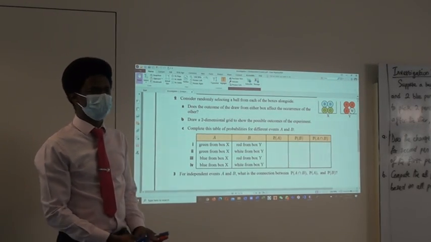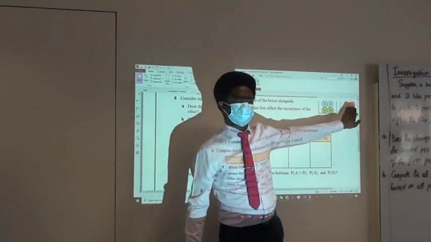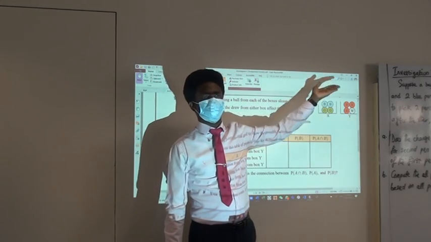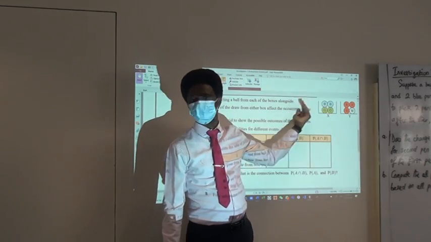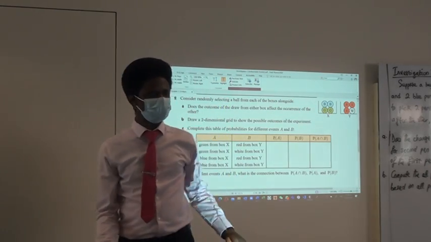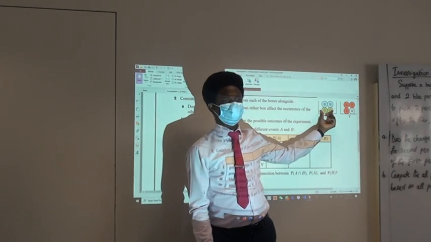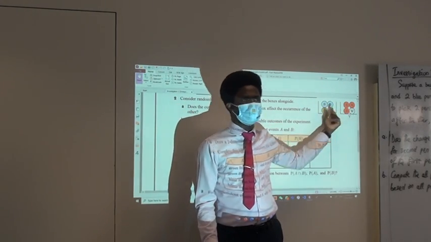Whatever I pick here, does it in any way affect what I pick here? For example, if I pick a blue, does that stop me from picking a red or white in the other one? Since it does not, drawing a particular color from here and drawing a particular color from here are independent events.